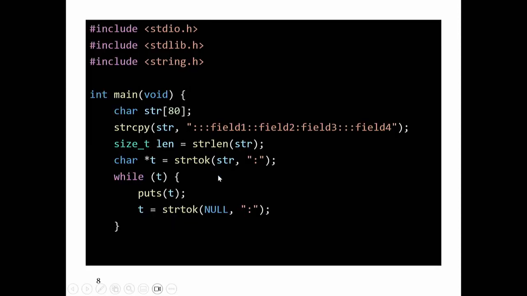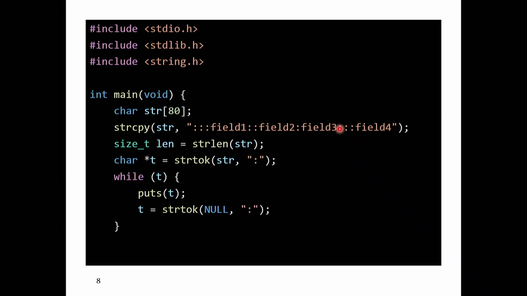This little program is just going to call strtok repeatedly until it gets back null. The function will return null when it no longer finds another token. To get the third token, it's going to search for the first non-delimiter character, that's the f, and remember that the f is here. It's now going to search for the next delimiter, that's here.